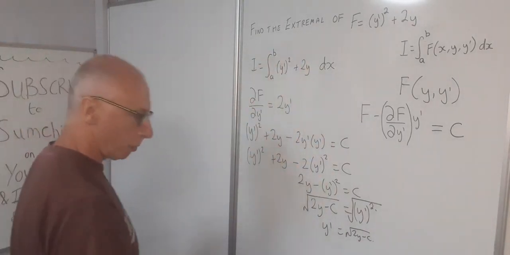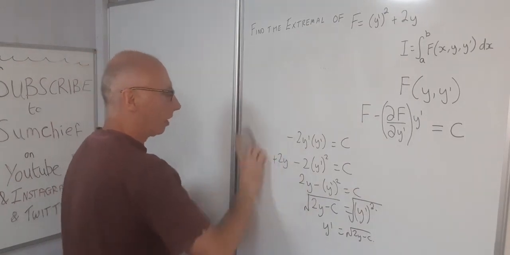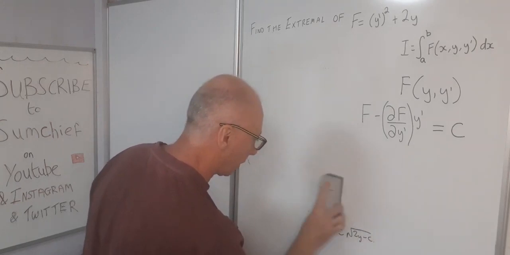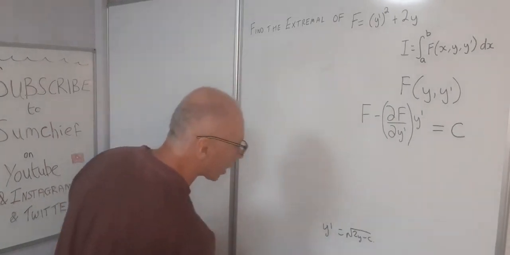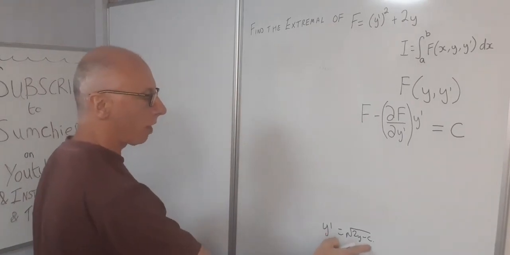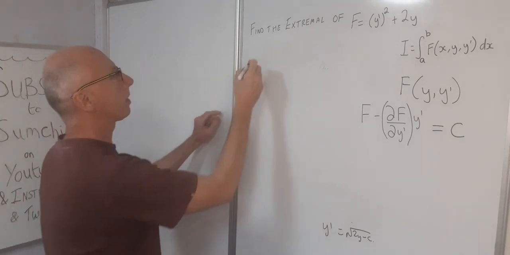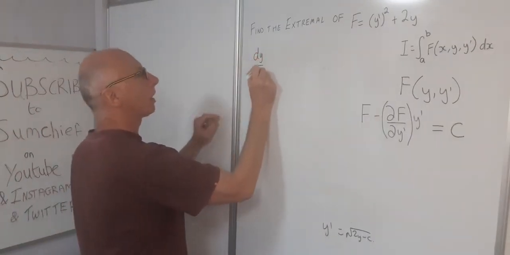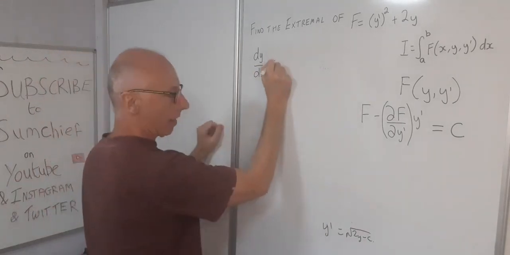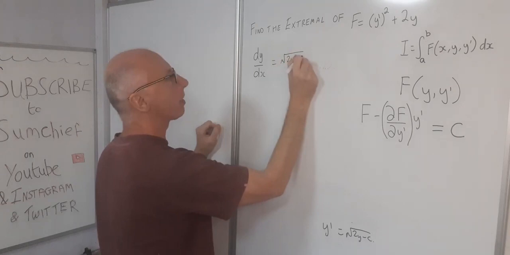Okay, I'm going to clear some space on the board here and continue this at the top. So my y prime equals the square root of 2y minus c. I'm going to rewrite this y prime as dy/dx, which is just the same as y prime, and that equals the square root of 2y minus c.